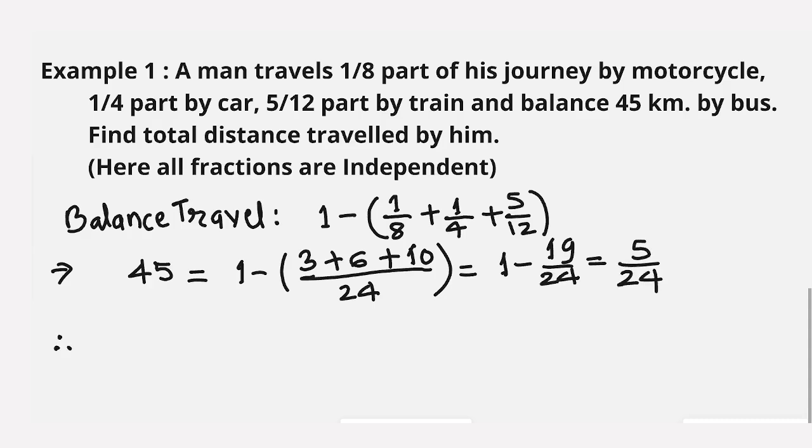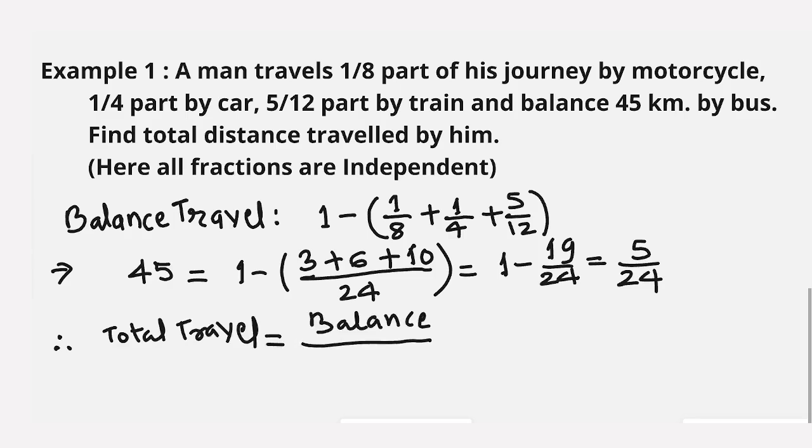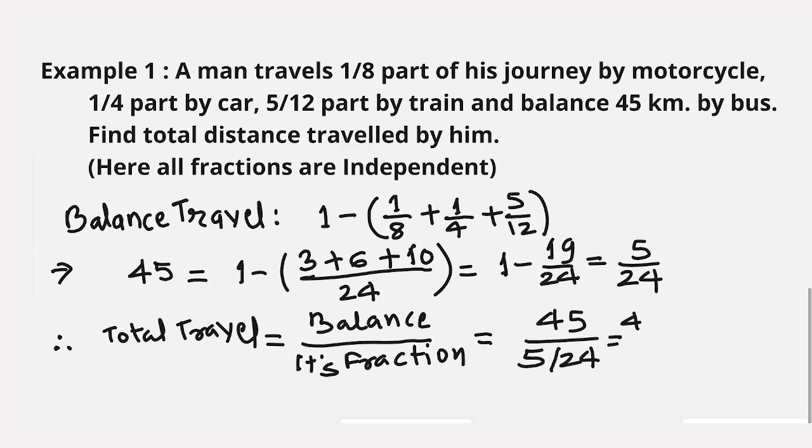Now total travel or total journey is balance of journey upon its fraction. This is equal to 45 upon 5 upon 24, and this gives 45 multiplied by 24 upon 5, and 5 cancels 45 for 9 times, and 9 times 24 is 216.